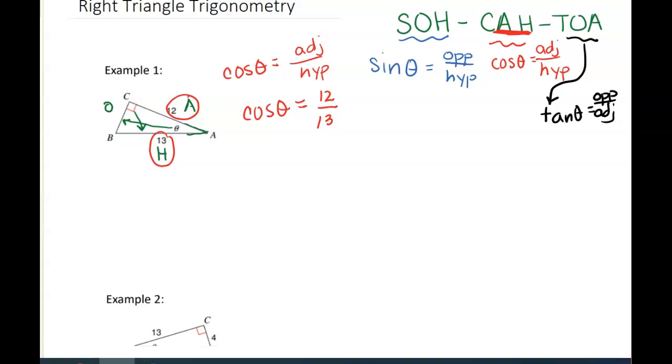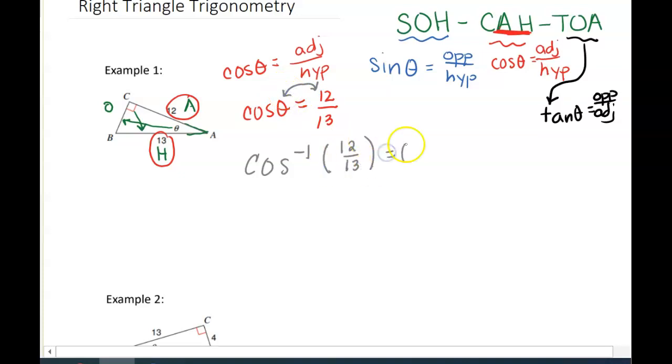But when I'm looking for an angle, remember we have to use the inverse, that cosine to the -1 thing. So I can say cosine inverse, and when I do the inverse, I flip these two. Cosine inverse of 12 over 13 is equal to theta.